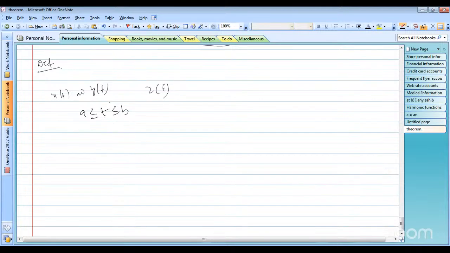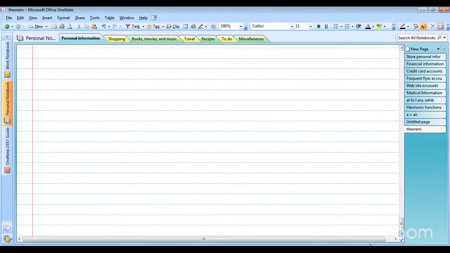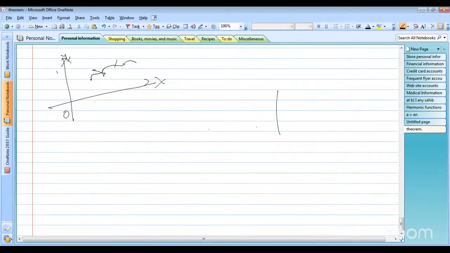I will give a graph here. This is called a continuous curve. Now I am taking the simple closed curve, that is, the Jordan curve.